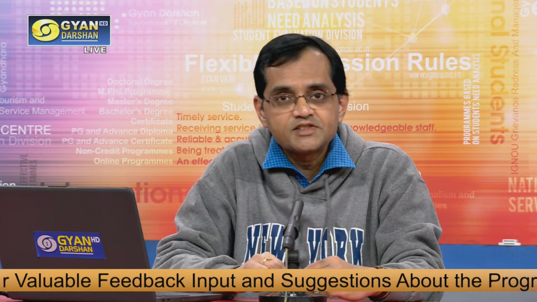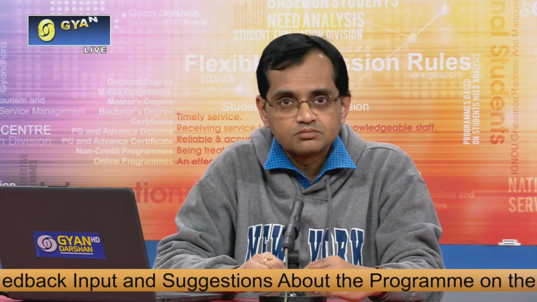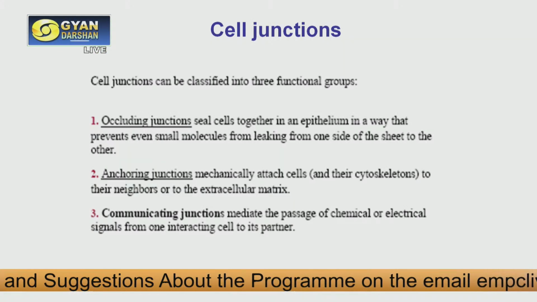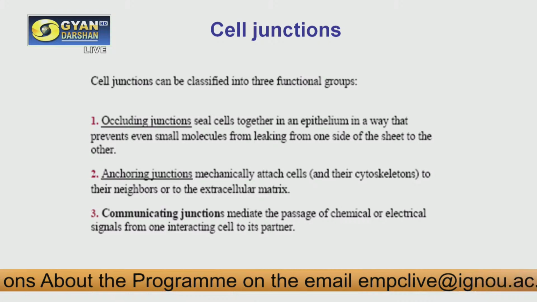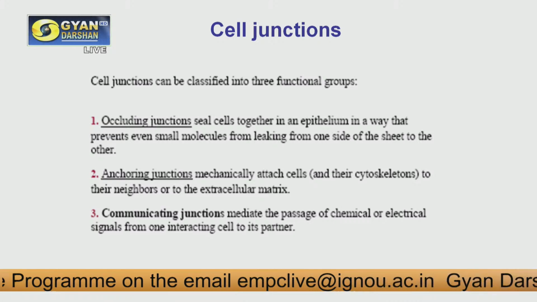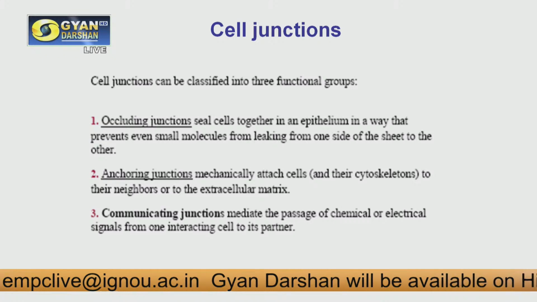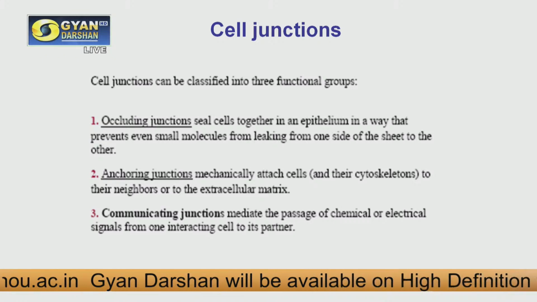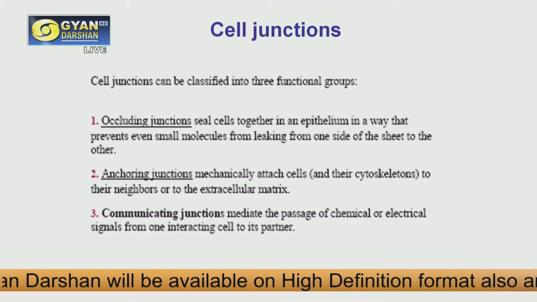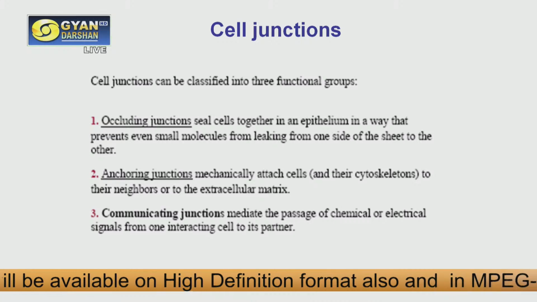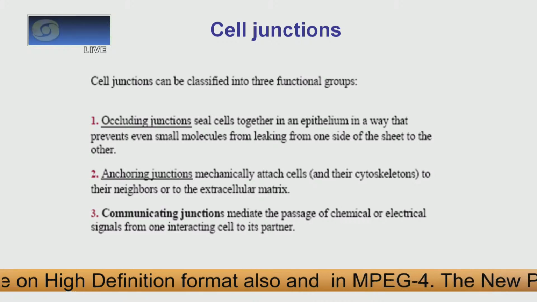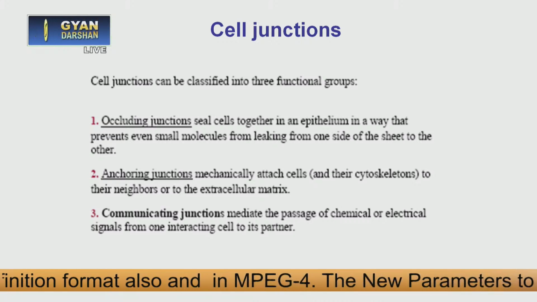Now these cells need to communicate, and therefore in order to mediate this communication, there should be some sort of cell-cell interaction, or some sort of cell-cell junctions. That is, between two cells, there are some points which are actually meant by the junctions.